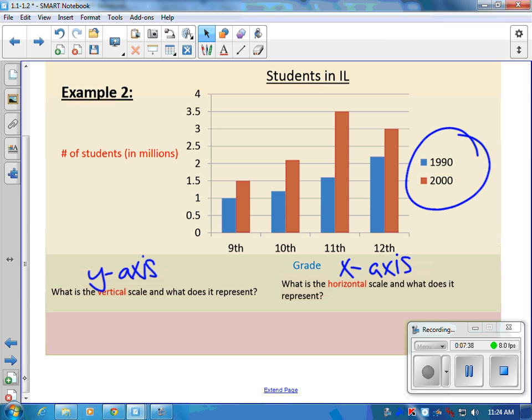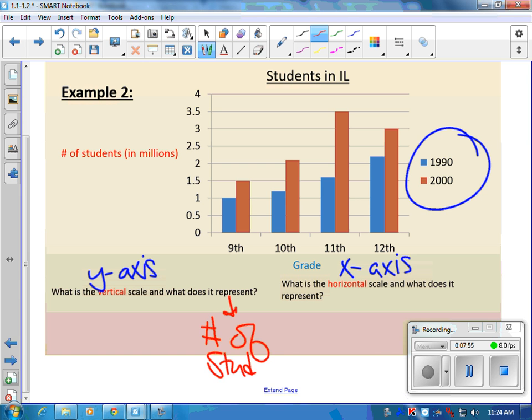So now let's think about in this graph, what is the horizontal or the vertical scale, and what does that represent? Jacob? So it represents the number of students. That is going to come into play when we actually talk about what is the scale. So what value does this scale have? Where do we start and where do we stop?